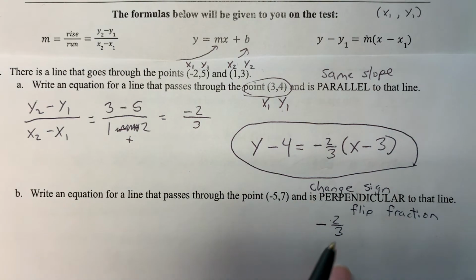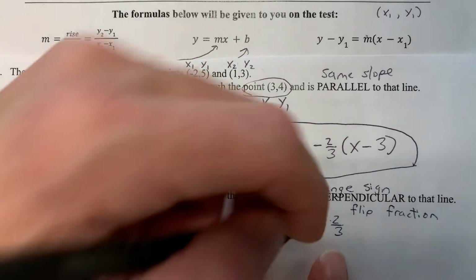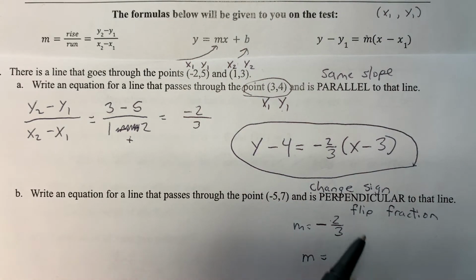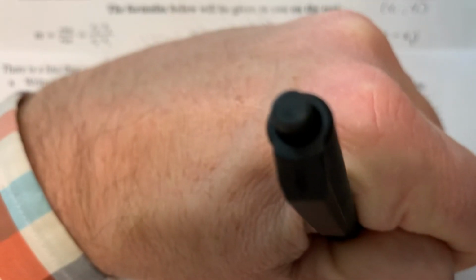So if we want a line to be perpendicular to one with a slope of -2/3, then to get our new slope, we need to change the sign. So this one is negative, so our new one will be positive. And we need to flip the fraction. So 2/3 will turn into 3/2.